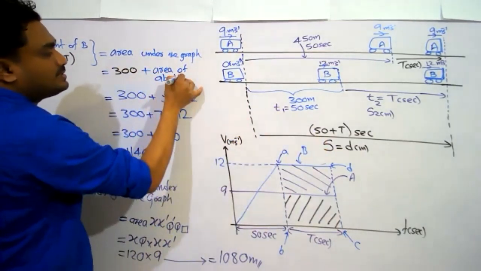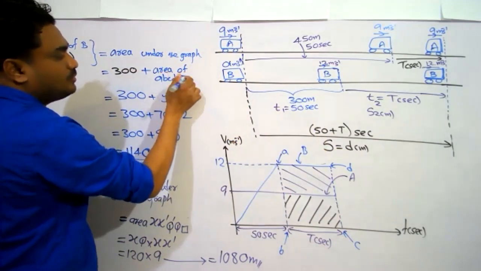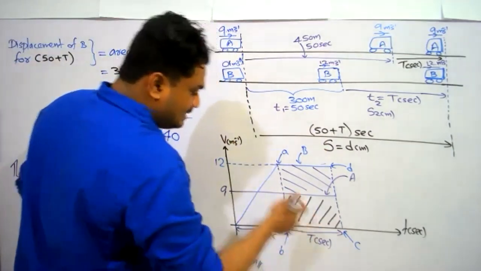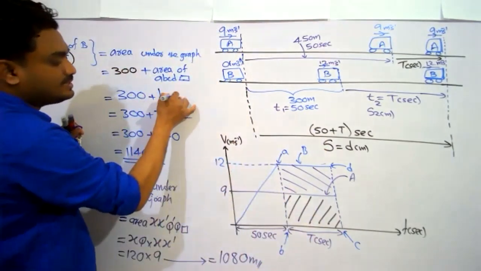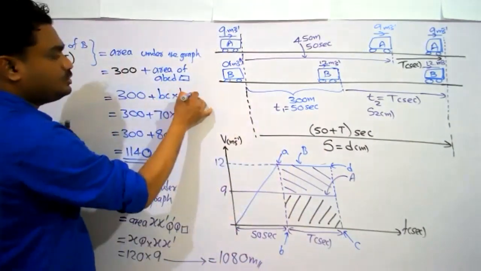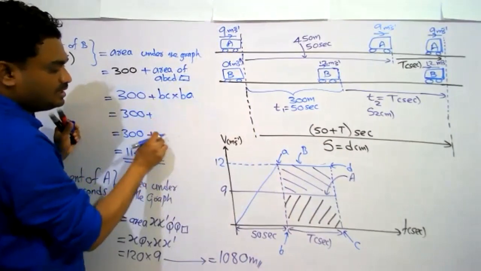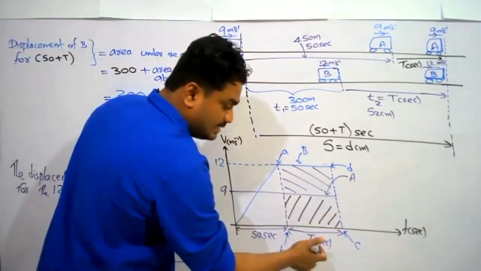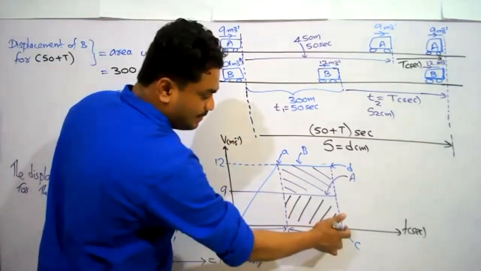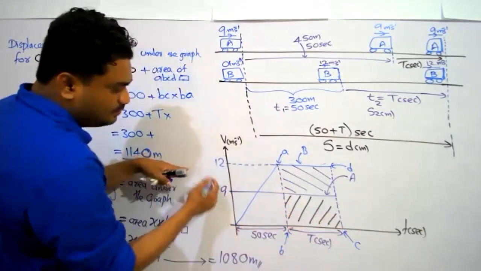ABCD rectangle. Listen to me carefully. So now the area of ABCD rectangle is length into width, that is BC into BA. BC is capital T. What is this BA height?